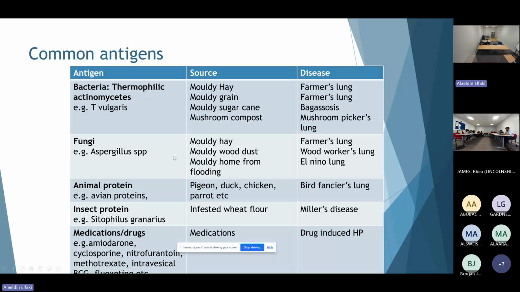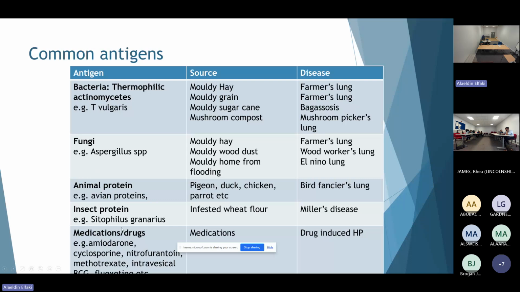Aspergillus you also find in mold and it might result in farmer's lung or woodworker's lung. Avian proteins from birds, from pigeons, for example, from parrots, might result in bird fancier's lung.